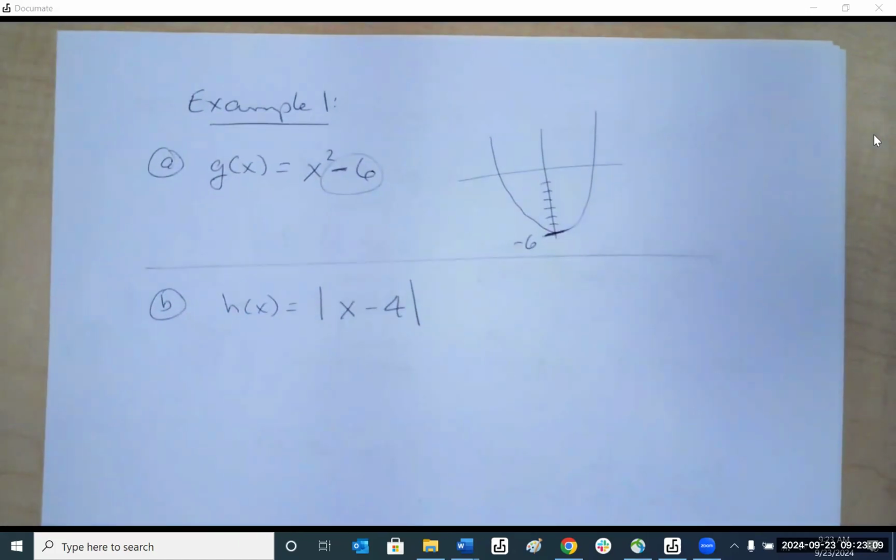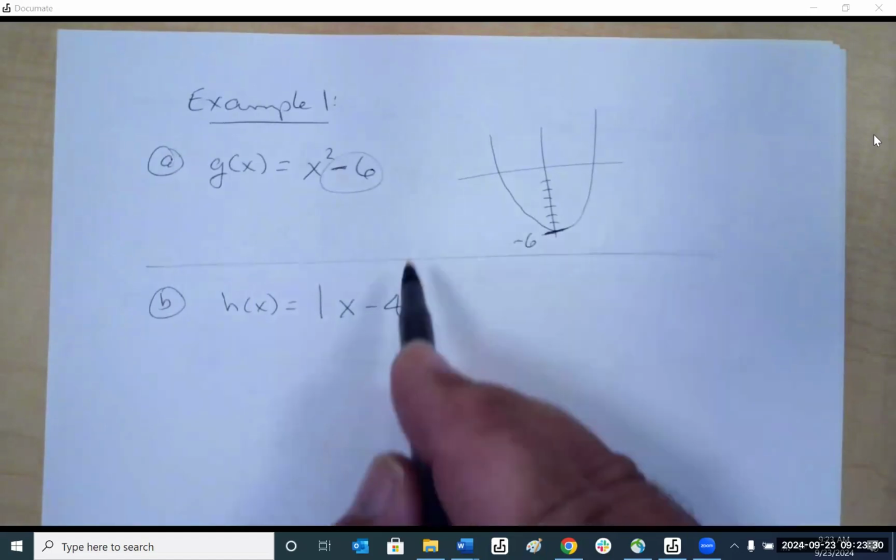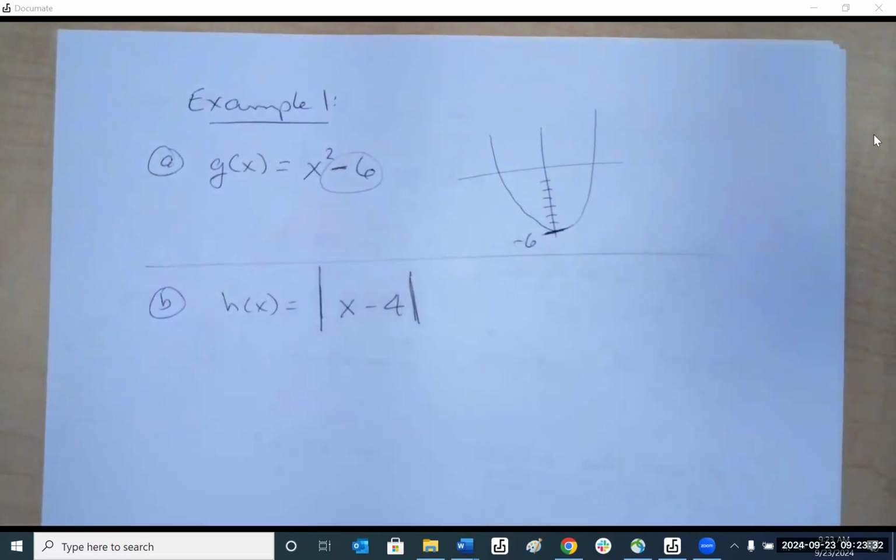What's that one going to look like? You've got to memorize the graphs. Is it inside or outside the function? It's inside, because the absolute value is the function. If it's inside the function, what kind of shift is it?